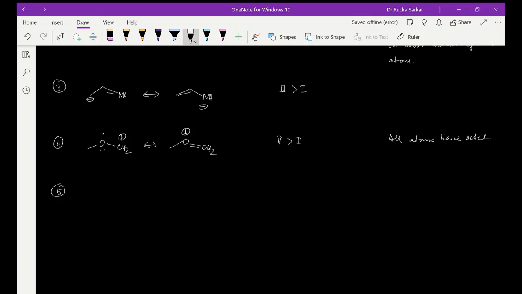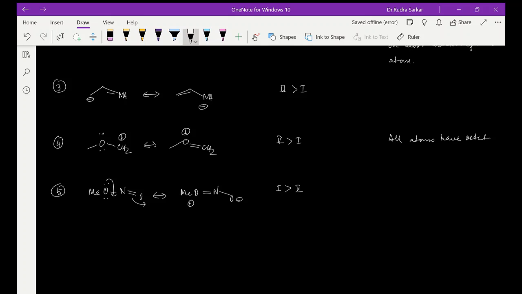In question 5, suppose we have been given this structure. One is more stable than two.